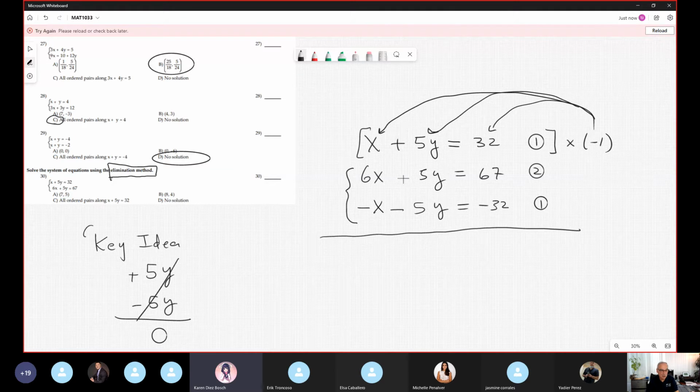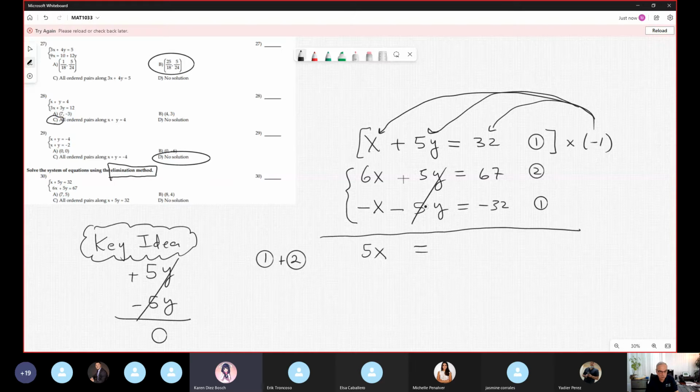Now it is ready for the elimination method. Why? Because the key idea is that you have the same coefficient with the opposite sign. You add equation 1 plus equation 2 by column: 6 minus 1 is 5x. The 5y and -5y say goodbye.